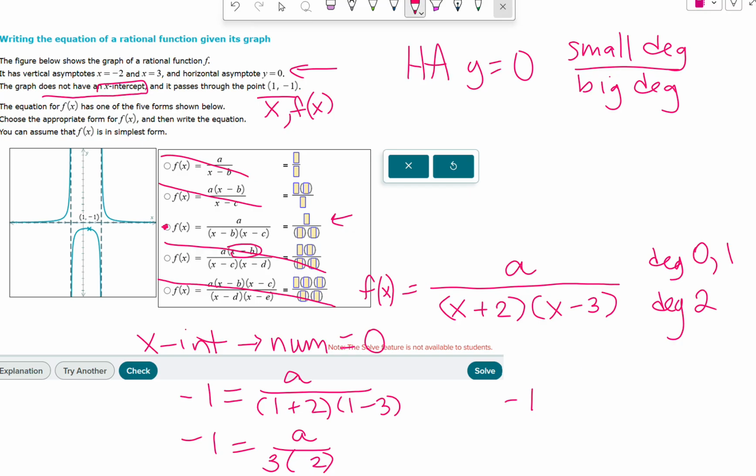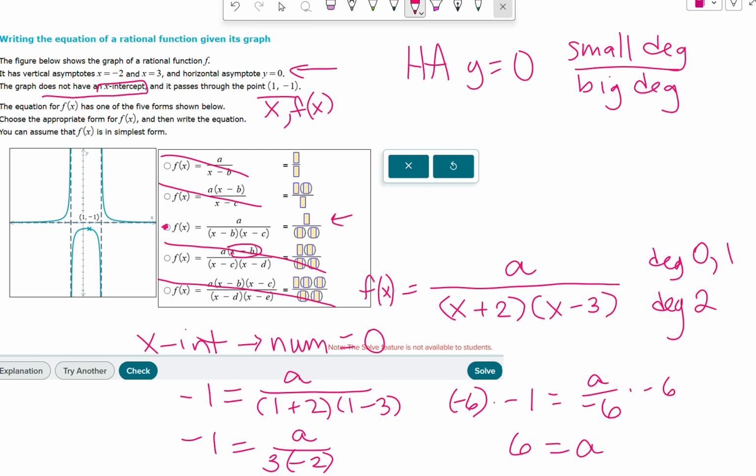So that gives me -1 is equal to a divided by, oh, sorry, that is -2. All right, -6. Okay, so multiply both sides by -6. All right, so I have -6 times -1, which is 6, which is a.